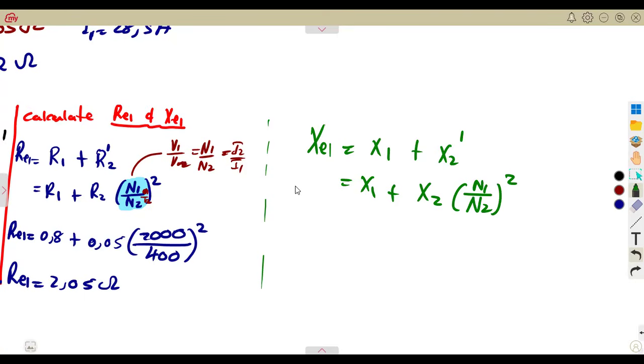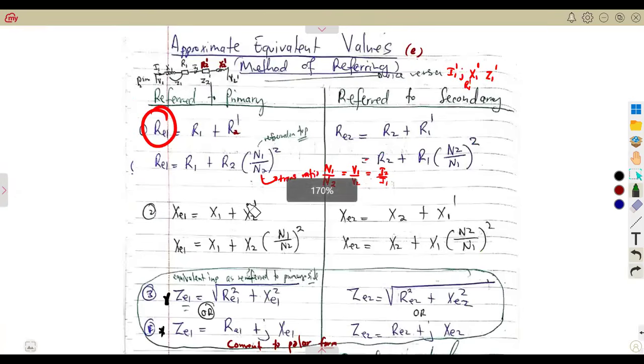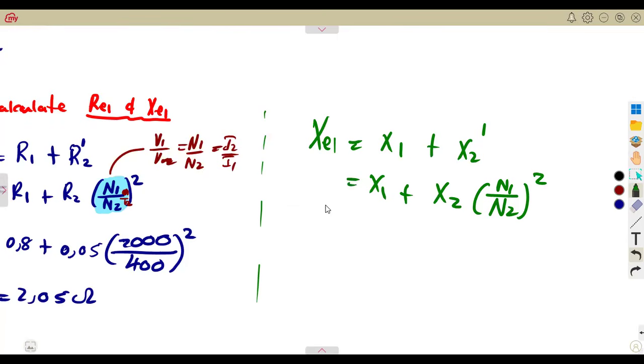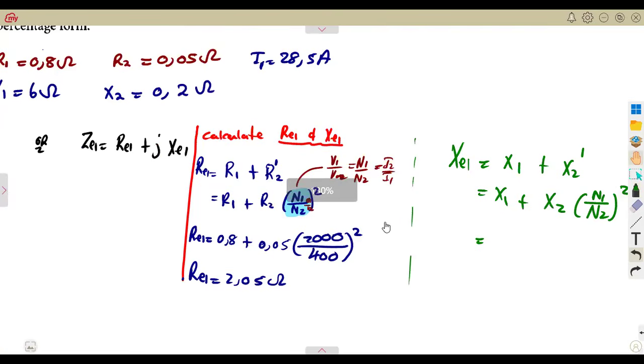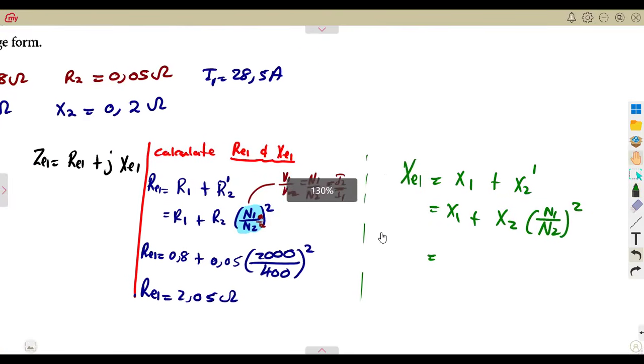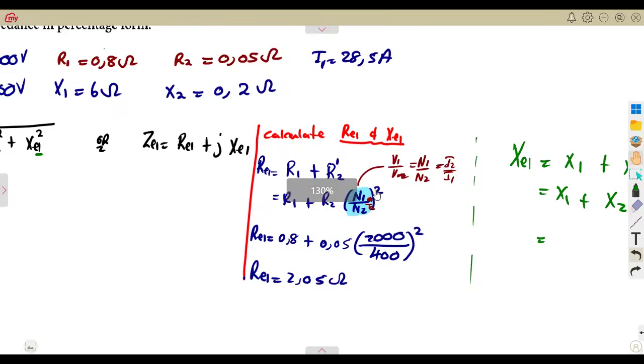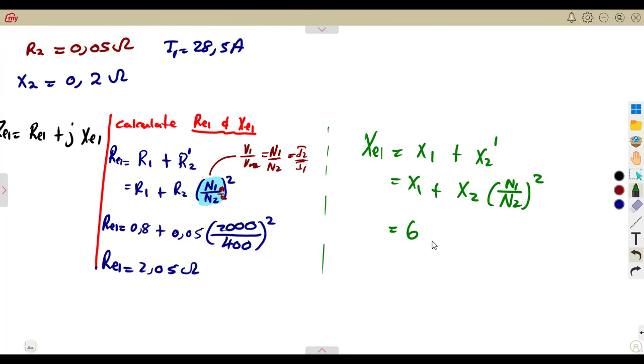Remember, you're talking of the primary side. Guys, if you've forgotten your formulas, they're easy to understand as they are. I don't think there's a need for a special way, but you can do that. So X1, that is 6. You're just going to substitute 6 plus X2, that's 0.2, into N1 over N2.